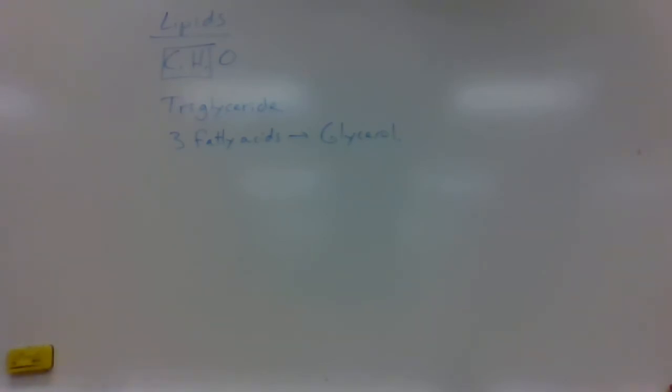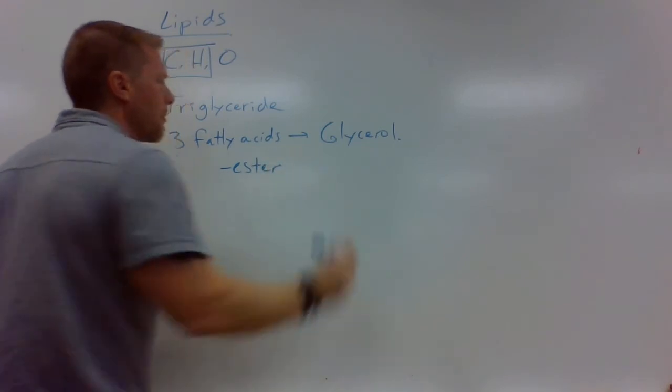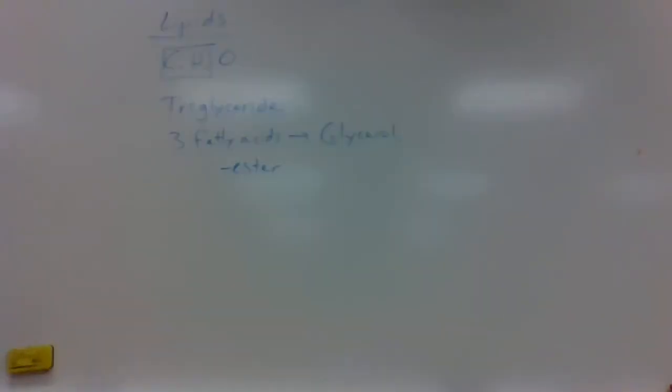The fatty acids are attached to the glycerol through dehydration synthesis. And what is the name of the bond found inside of a triglyceride? It's called ester bond. Good. So you have ester bonds found within a triglyceride.